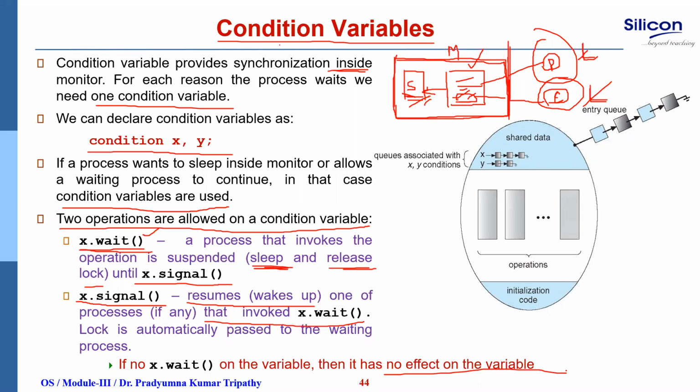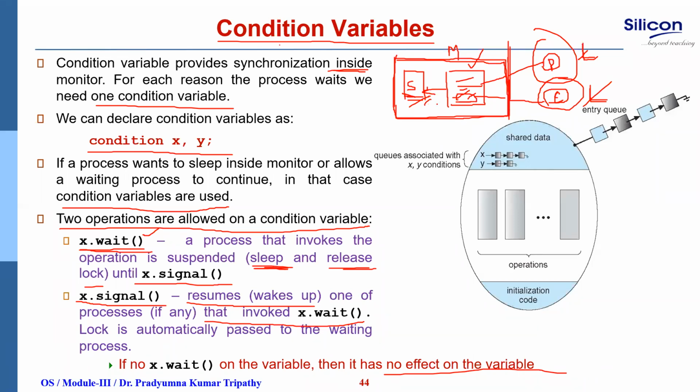Is there any doubt over here? Try to understand. If you want to synchronize inside the monitor, we need condition variables, which have two operations, wait and signal. In our example, the consumer is waiting for an item to be produced, but it would wait indefinitely.